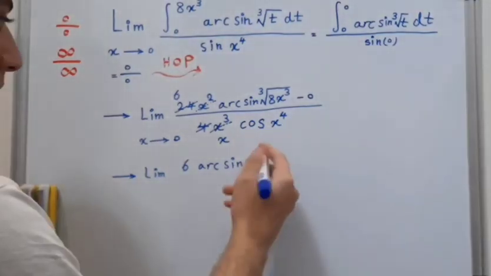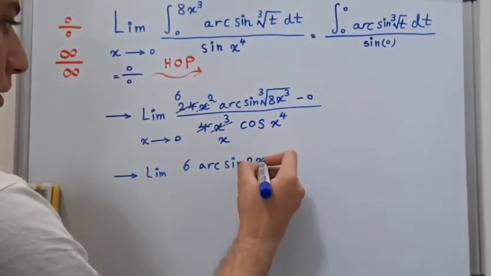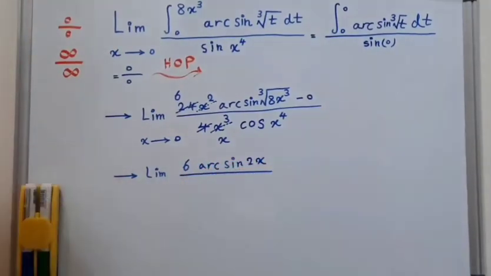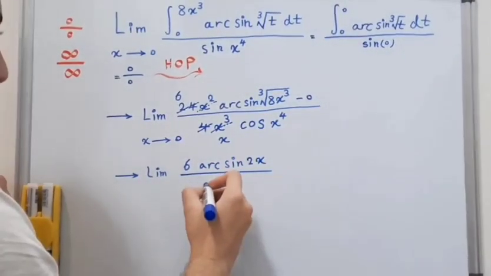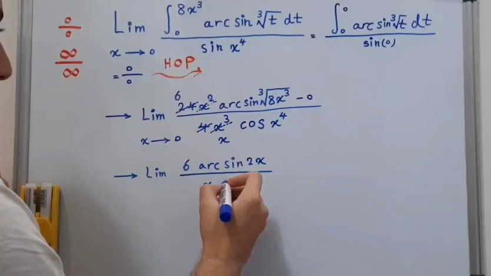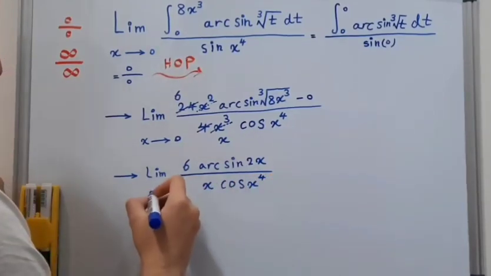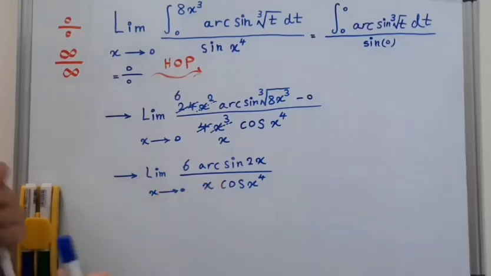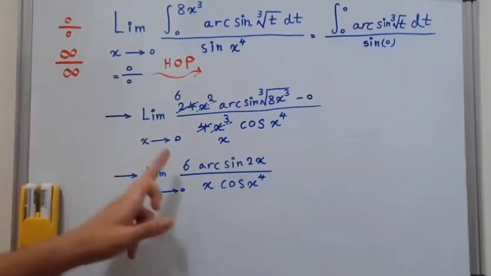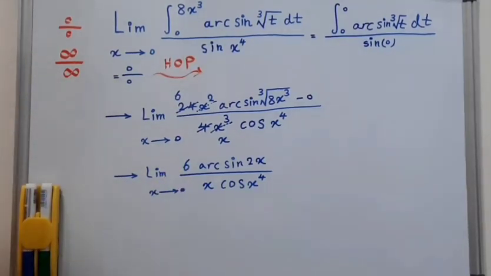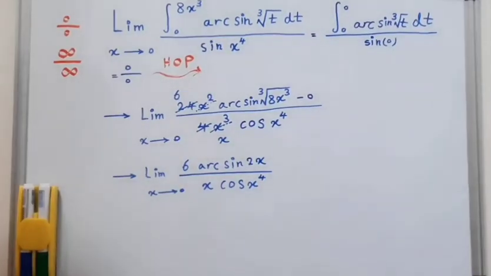So we can just write 2x over x cosine x to the power 4 when x approaches 0. And from here, again, actually the numerator and denominator are 0.